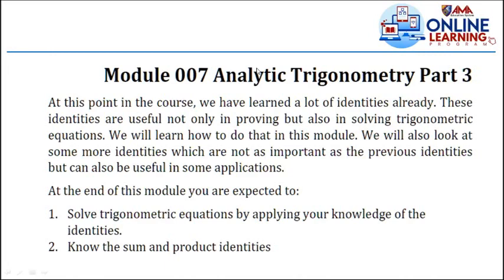At the end of this module, you are expected to: one, solve trigonometric equations by applying your knowledge of the identities; two, know the sum and product identities. Those are the two objectives for today's lesson.